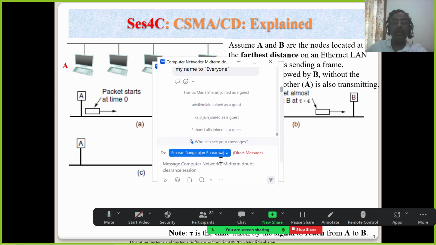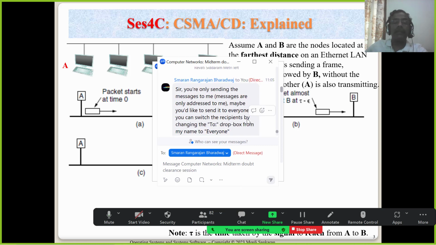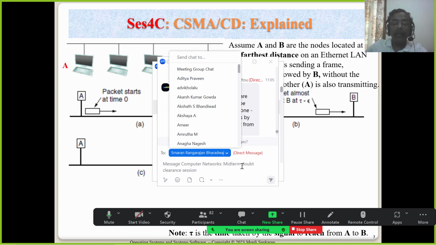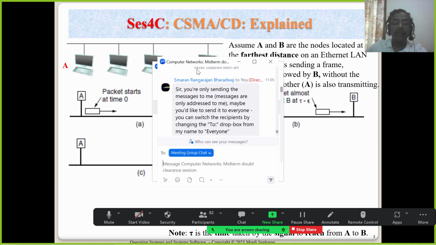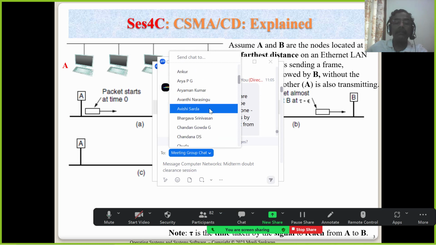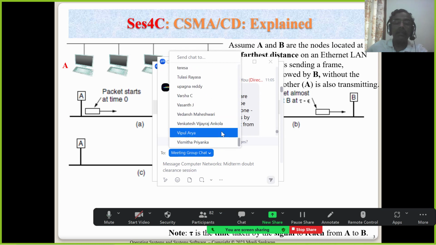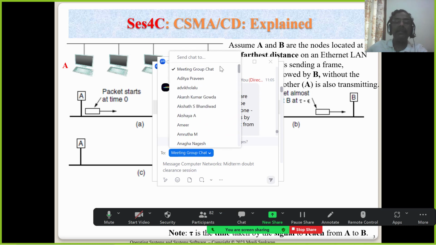Let me look at what chat came here. You are only sending the messages to me. Messages are only addressed to me. Yes, I hope you are talking about Ethernet. Maybe you would like to send it to everyone. Oh, sorry, I thought you were talking about... How do I do a broadcast group chat? Everyone is there. Thanks, Maran. I hope you are seeing the screen, right?